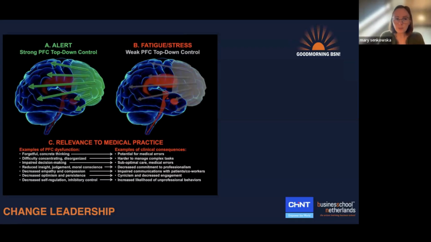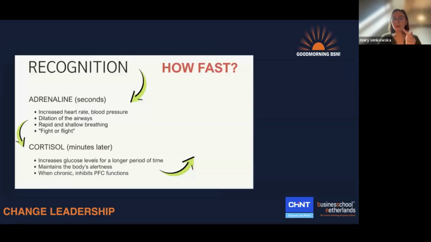So it's extremely important for us to be able to differentiate between these two and where our decision is coming from. Now, how much time does it take the brain to recognize which one to turn on, whether it should be thinking with your CEO or with your crisis management center? If anybody can, in their mind, think about a number, how fast does that go?